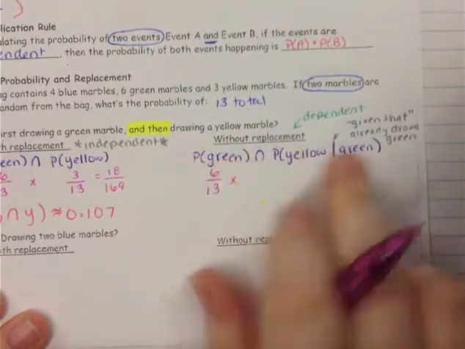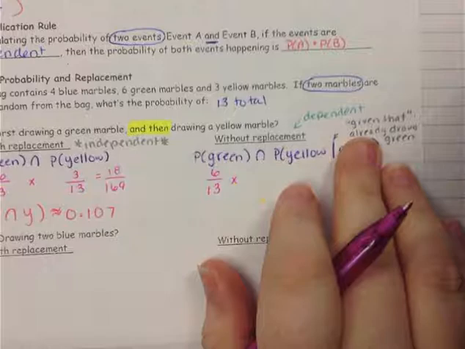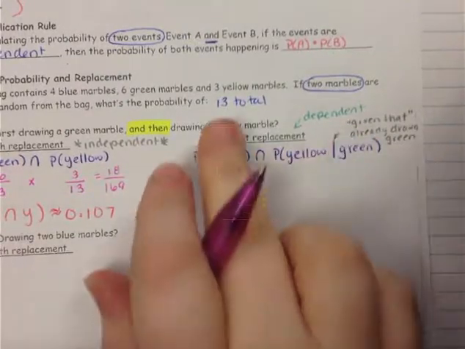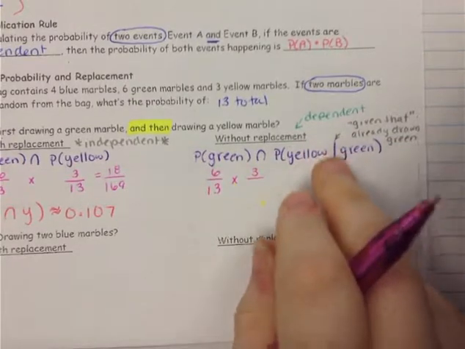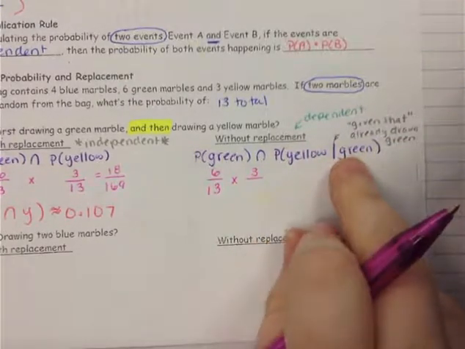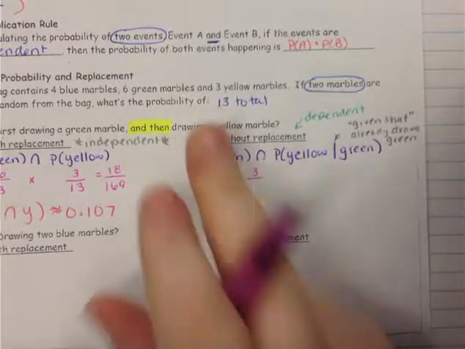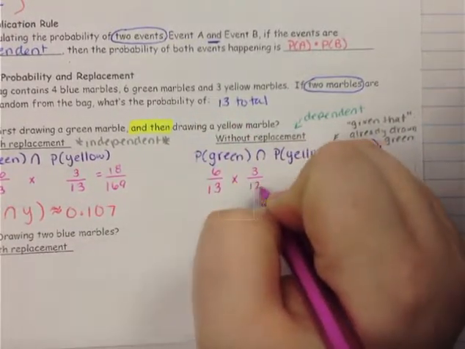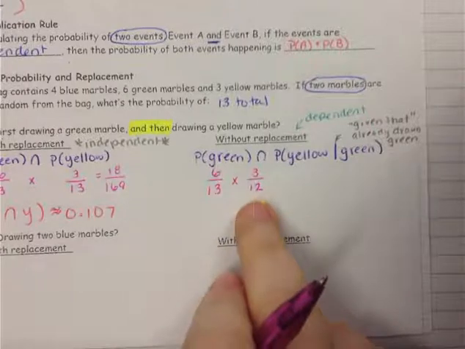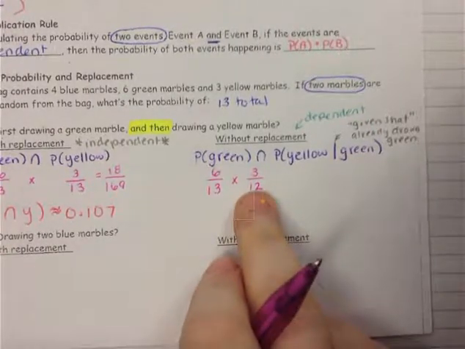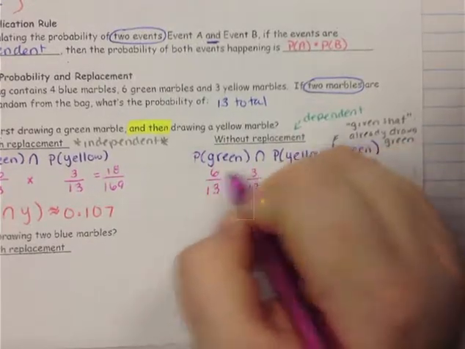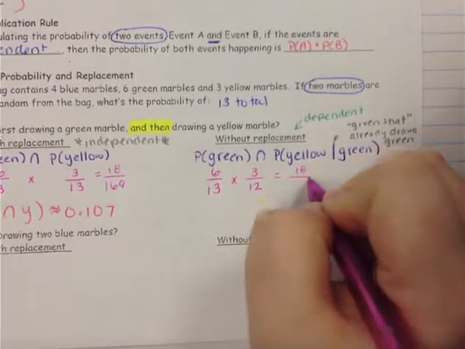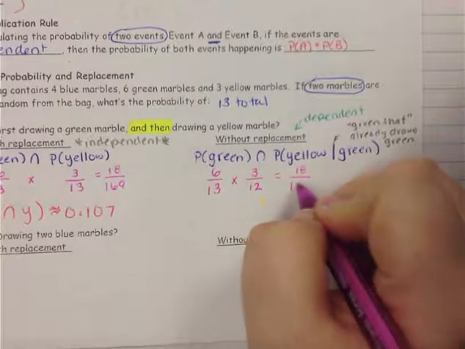We only pulled out a green one. We have a green one out of the bag. So how many yellow ones are there? We still have 3 yellow ones. We never put that green one back, so how many marbles do we actually have in the bag? There's actually only 12 marbles in the bag now. This is why these would be dependent, because the denominator had to change. So we still multiply. We get 6 times 3 is 18, over 13 times 12 is 156.